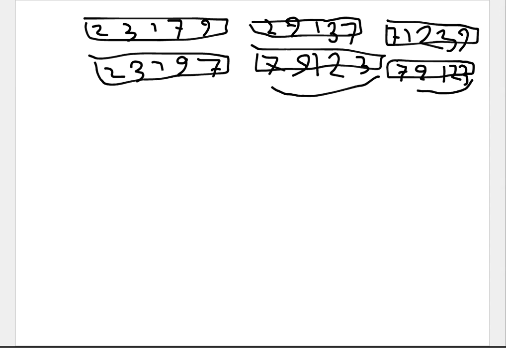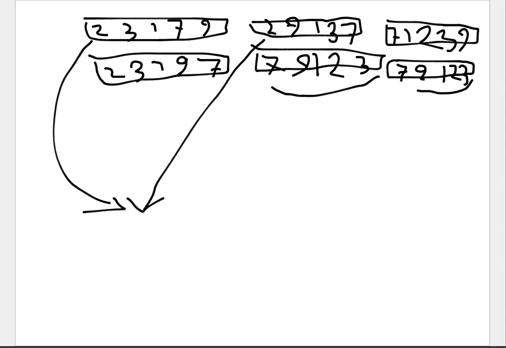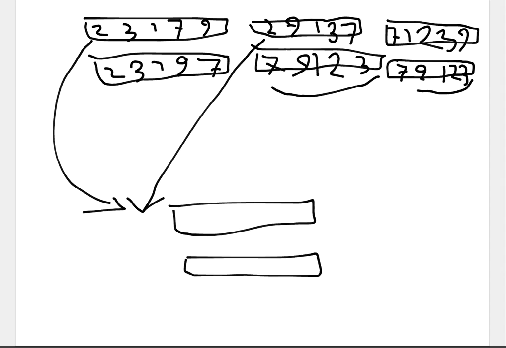Then we have a parent selection. In parent selection, we select, for example, by random 2 parents and produce 2 children. We produce children by some permutation crossover.